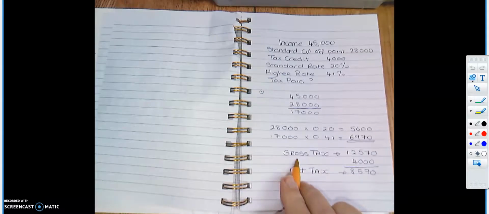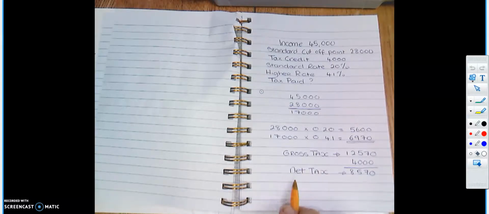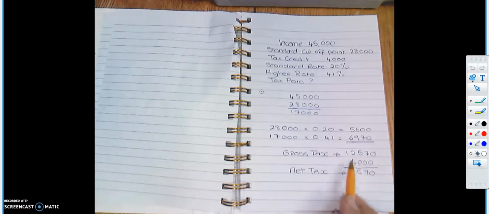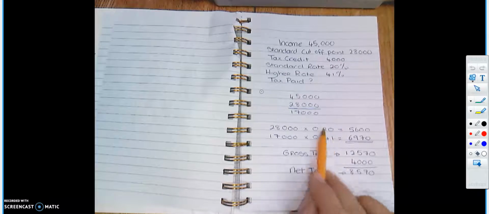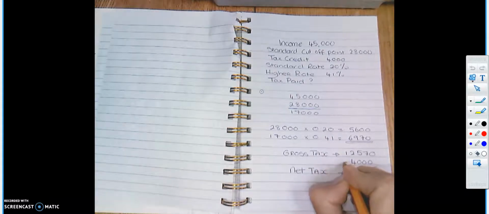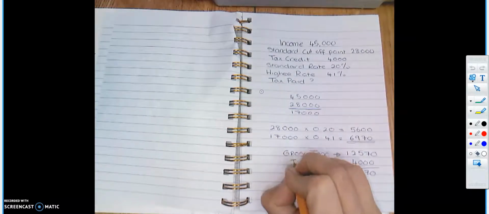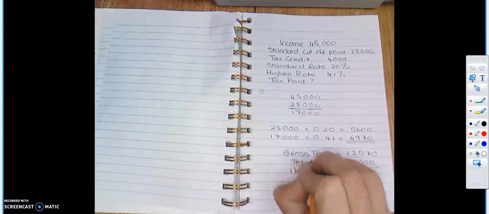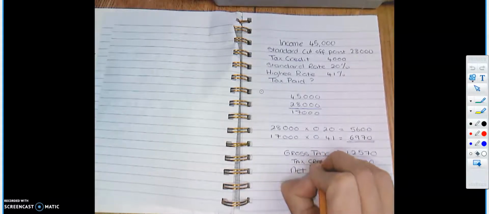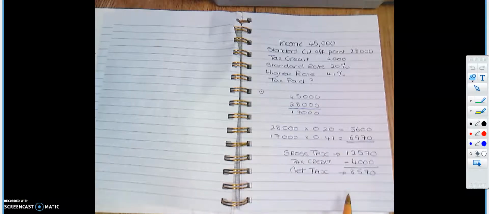So this is the gross tax, this is the horrible one, and this is the net tax. If you think of N for net and N for nice, it's the nicer of the two values of tax that you'd have to pay. So again, to get the net tax, you calculate the gross tax, and then you subtract the tax credit from it. So the person in this case is paying 8,570 euros per year in tax.